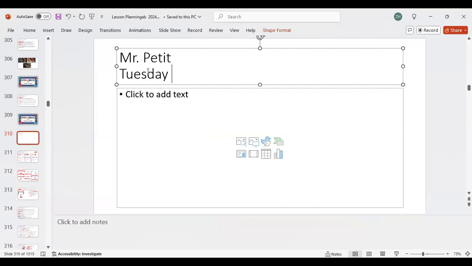So today is Tuesday. We are no longer in September. We are currently in October 2024. The subject is, of course, mathematics.